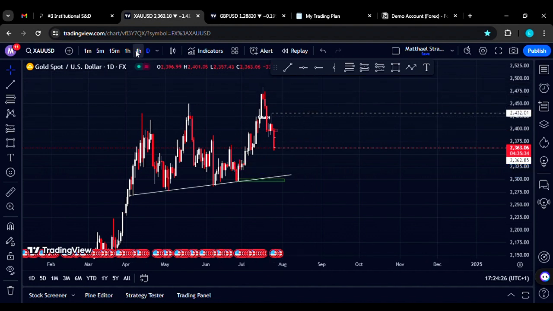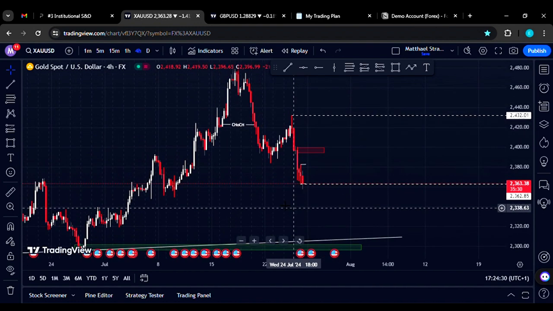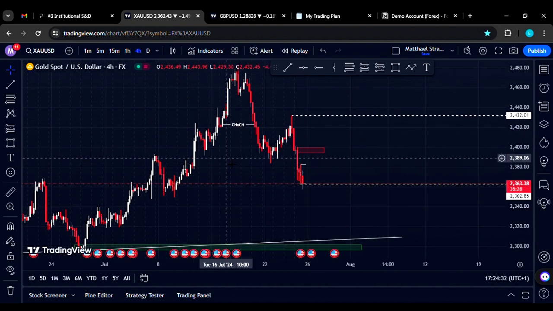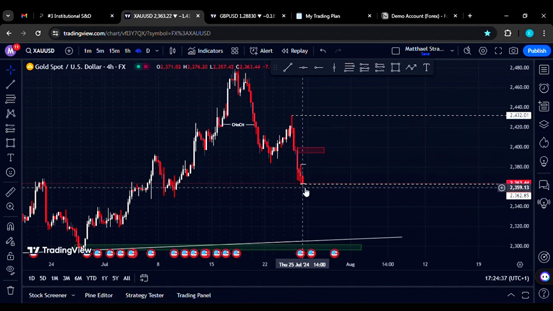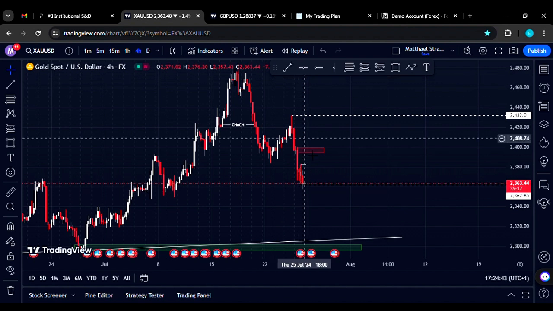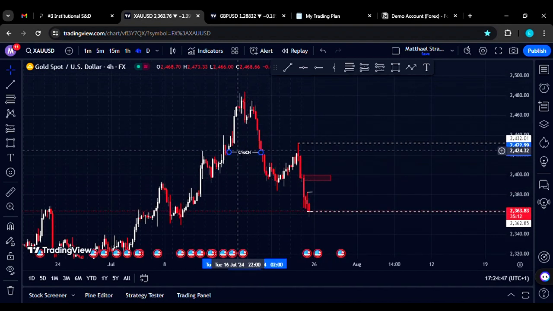I go down to the 4 hour time frame, and on the 4 hour time frame, this is where I check the recent swing price range, and this is actually what I saw this morning. This was before price broke the recent swing low, but currently the swing low has changed. As you can see, price rallied up.